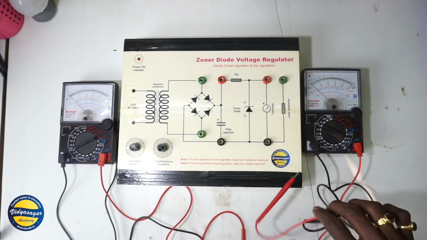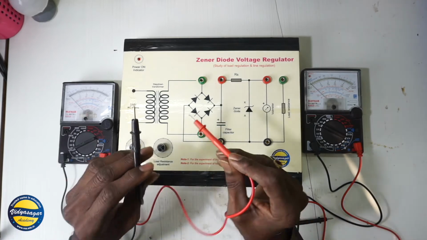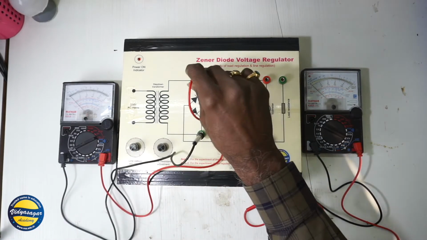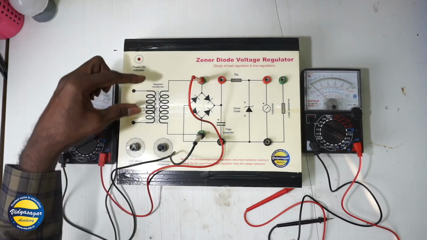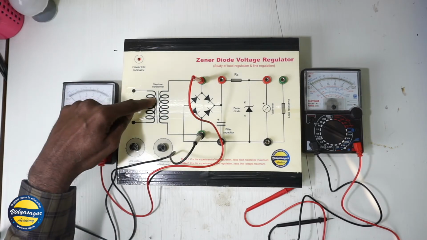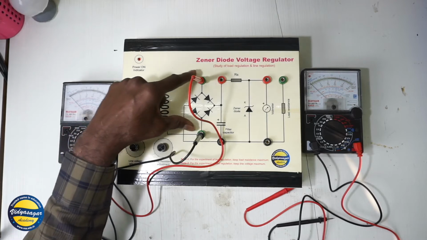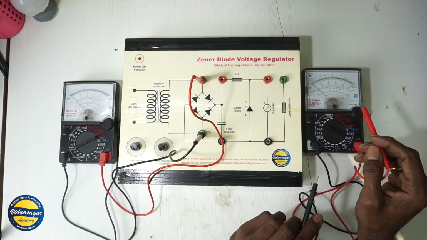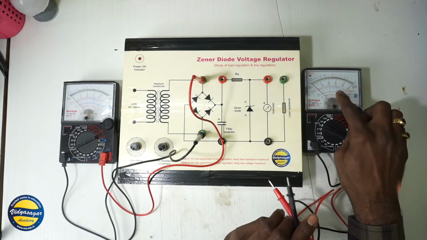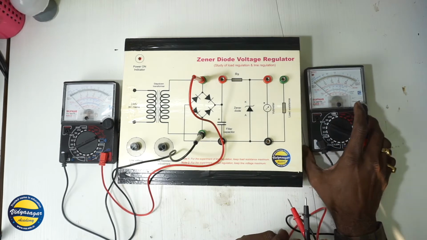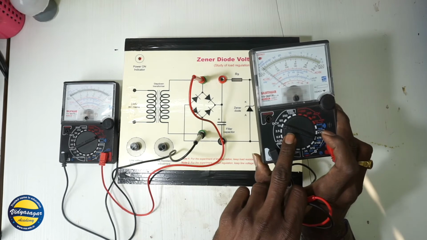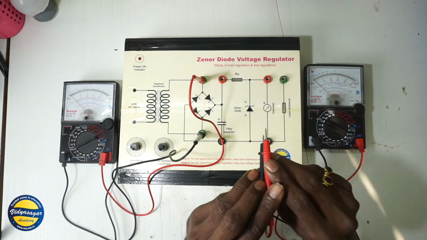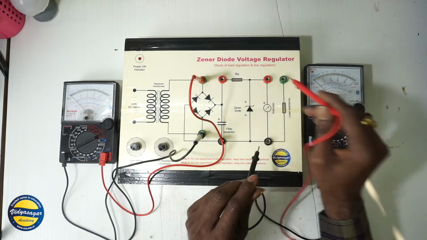Now we have to connect this AC voltmeter across this bridge rectifier, so that the AC voltage coming from this step down transformer will be measured by it. Similarly, the DC voltmeter, in the 10 volt DC range, I am connecting across the output of this circuit.